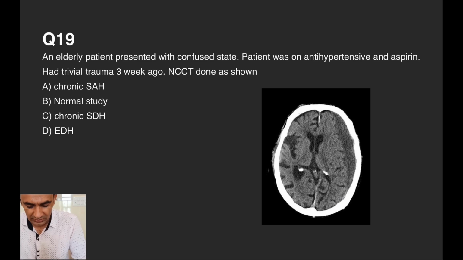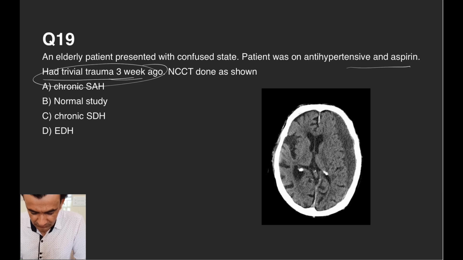Question number 19. An elderly patient presented with confused state. Patient was on antihypertensive and aspirin. Had trivial trauma 3 weeks ago. NCCT is done, so it cannot be acute SAH. SAH will be seen here.